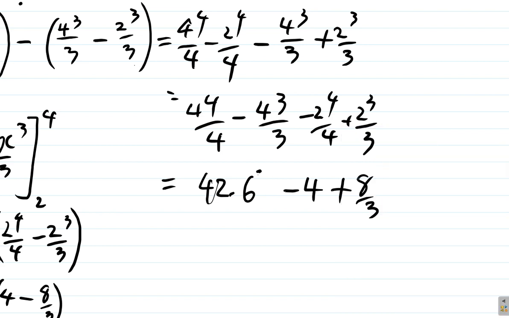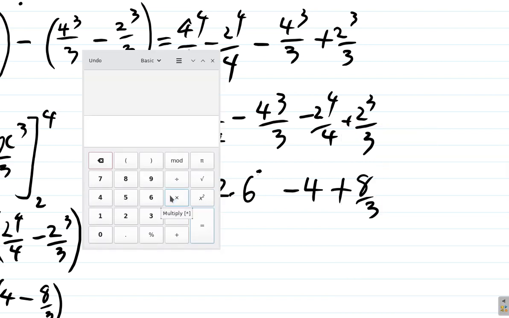So let's add them up. 8 over 3 is the same as 2 and 2/3, you know.